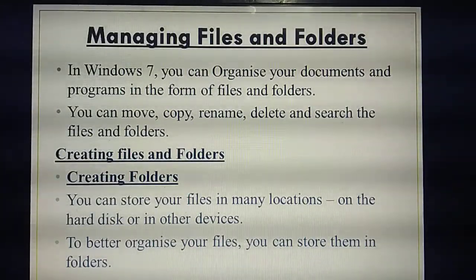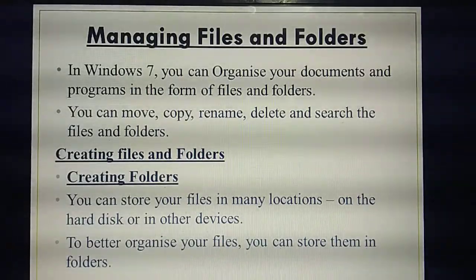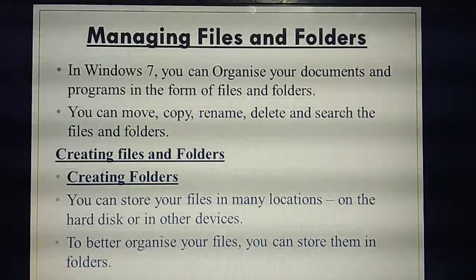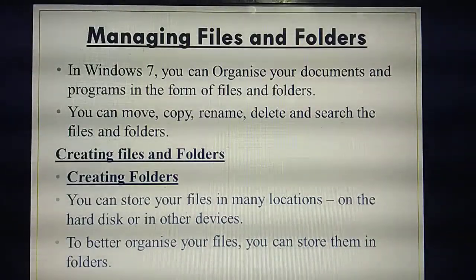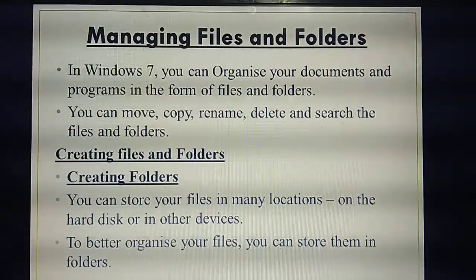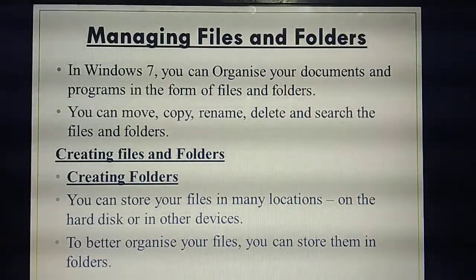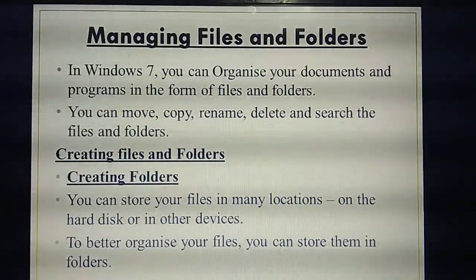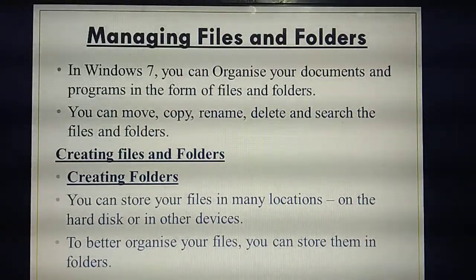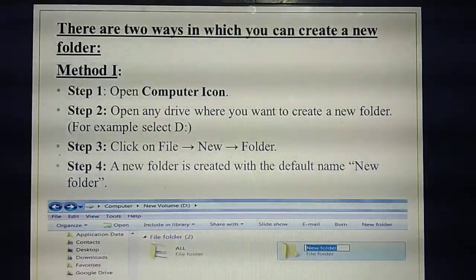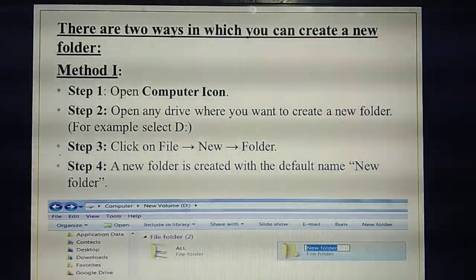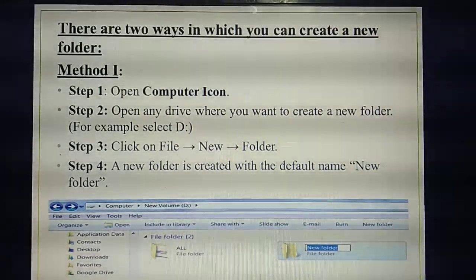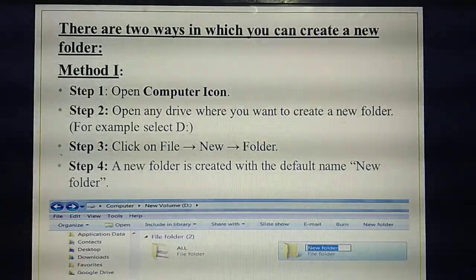What will you do? All those 500 photos are stored in one folder called tour. Inside the tour folder there are 500 photos in total. You will select only your photos from among the 500 and keep them in a separate folder. Then only can you identify your photos easily from the computer. That we are calling organizing your files. To organize better, you need to store the files in folders. Understand?